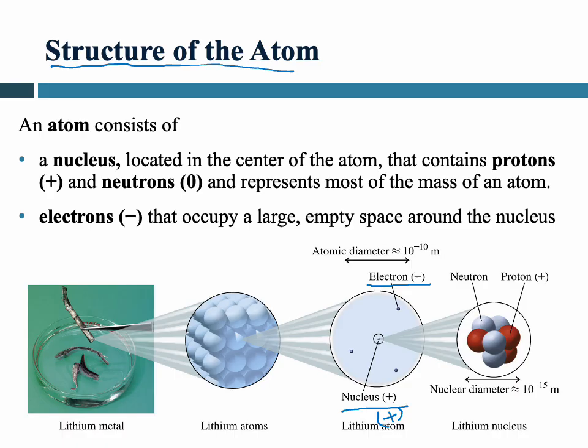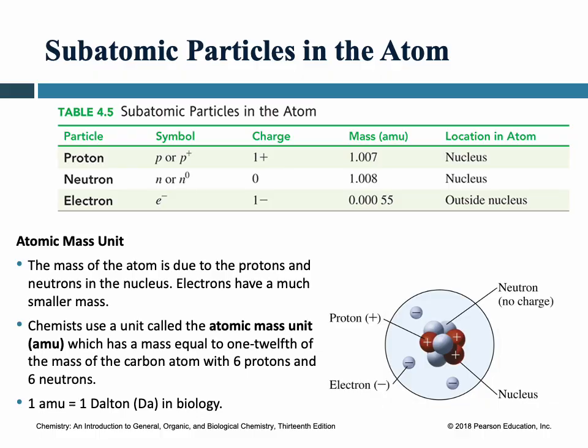The nucleus consists of positively charged protons and neutral neutrons. Neutral basically means it has zero charge. That is the structure of the atom that we now hold true. The particles that you see inside of an atom are called the subatomic particles.